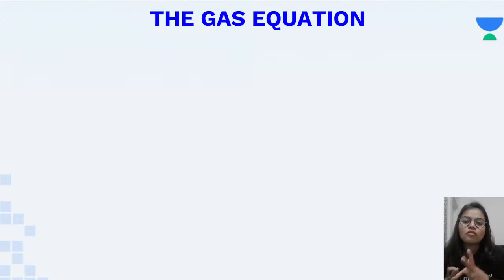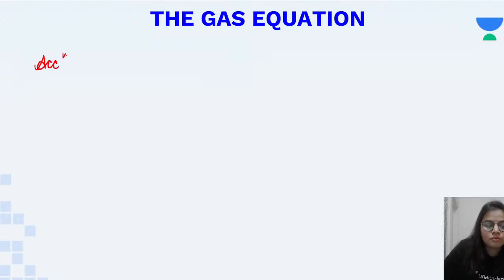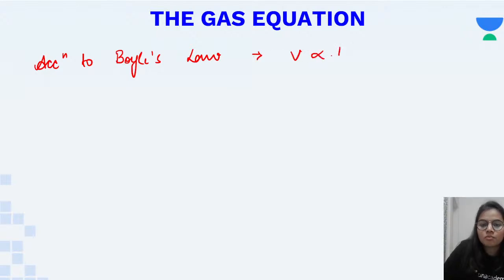The combination of Boyle's law and Charles' law will give a relation. According to Boyle's law, we were told that volume is inversely proportional to pressure.